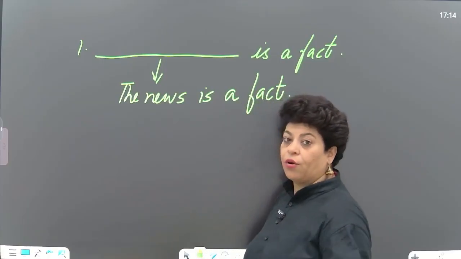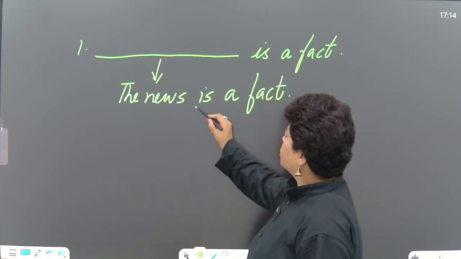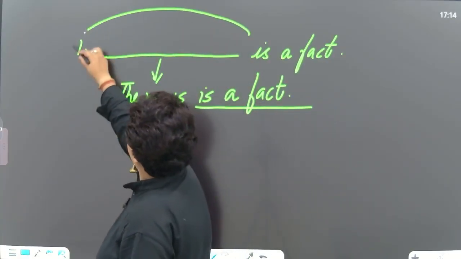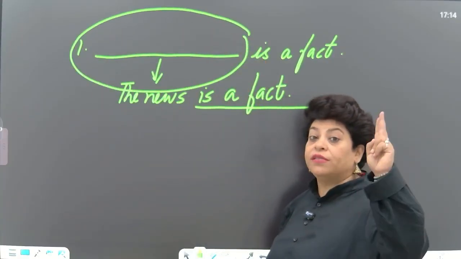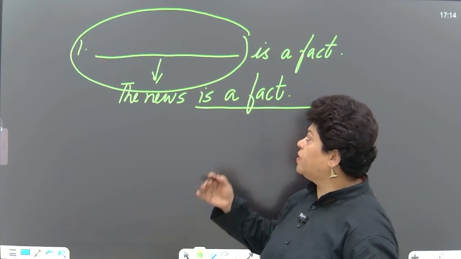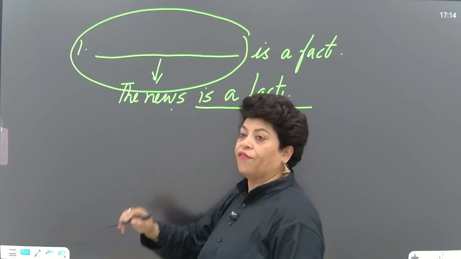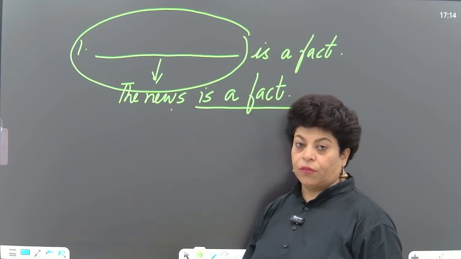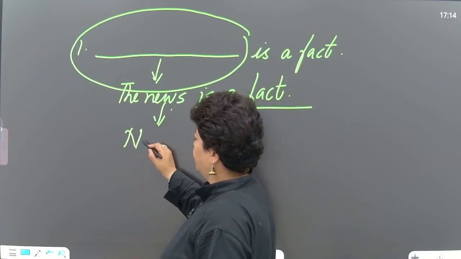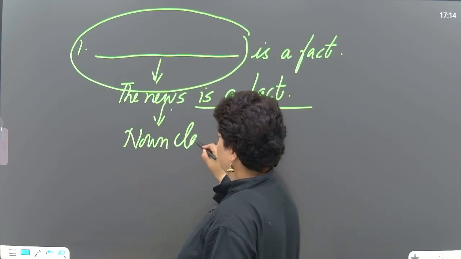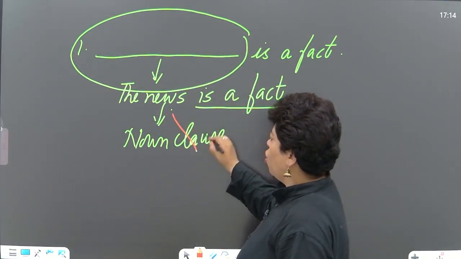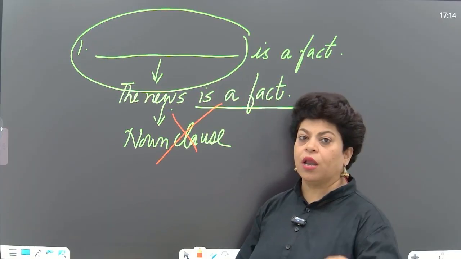So my dear children, now let me make it very clear. This was already a sentence whose subject was missing. What is it now? Supposedly, I take the news is a fact. The news is a noun clause. Do you say it is a noun clause? My answer is no. This is not a noun clause.